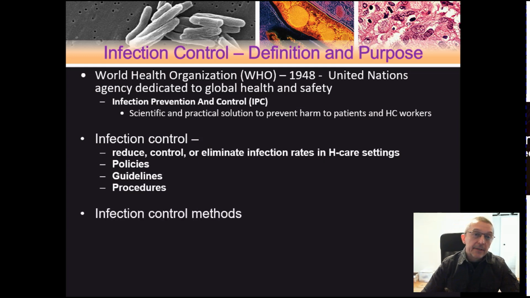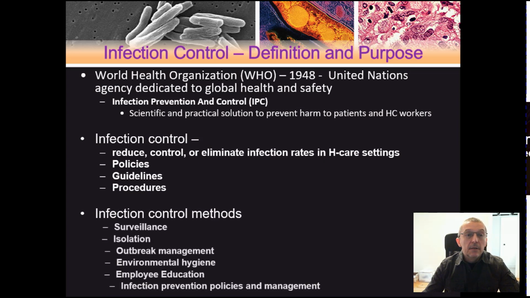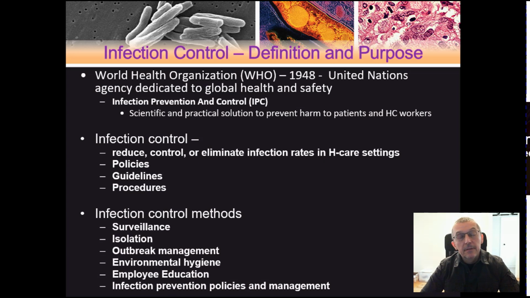To implement infection control, we need the proper methods. So, these are infection control methods that we may implement in order to slow down or stop infections. In order to stop infections, we need to survey our surroundings, so that's surveillance.